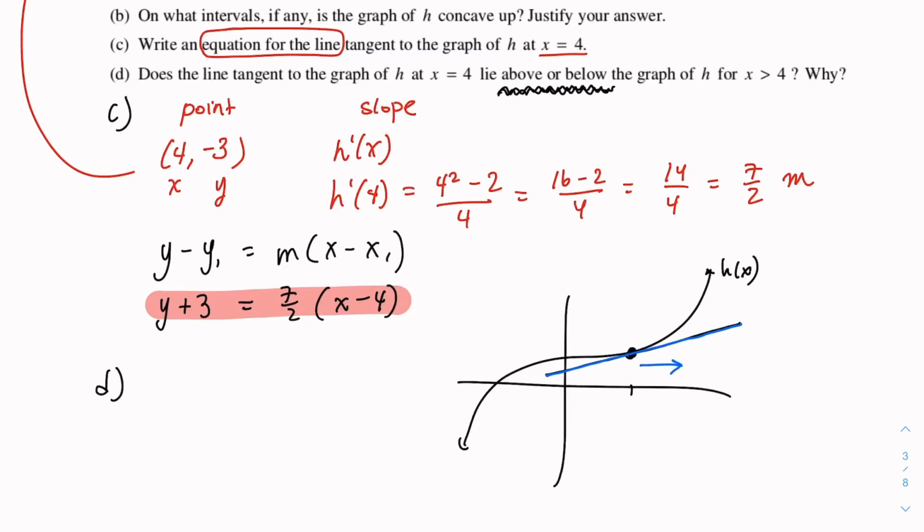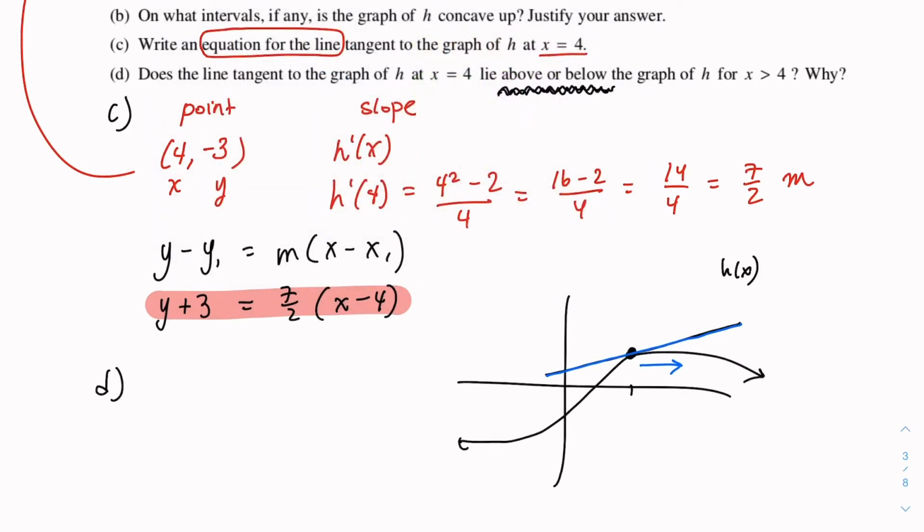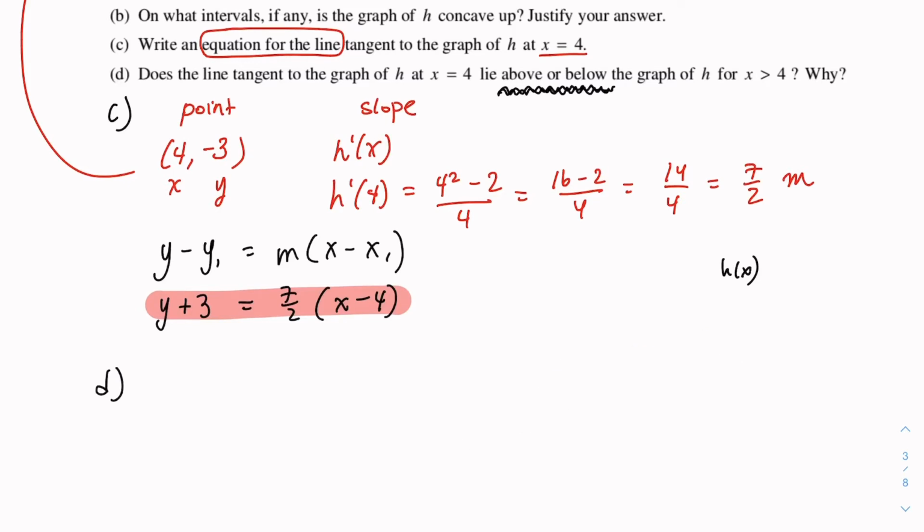Based on my drawing, it lies below. But if my graph had looked like this, for instance, then it would be lying above. So the key to figuring out whether the tangent line that you've come up with lies above or below the actual graph is this.